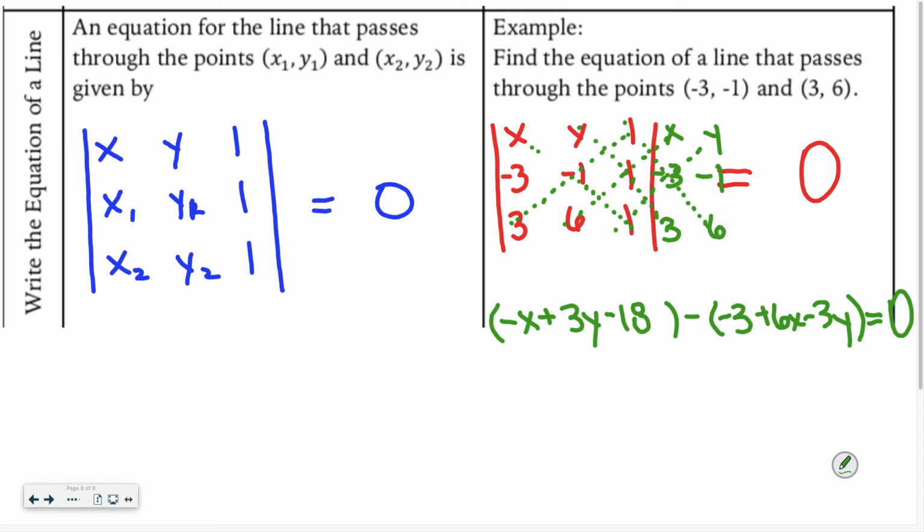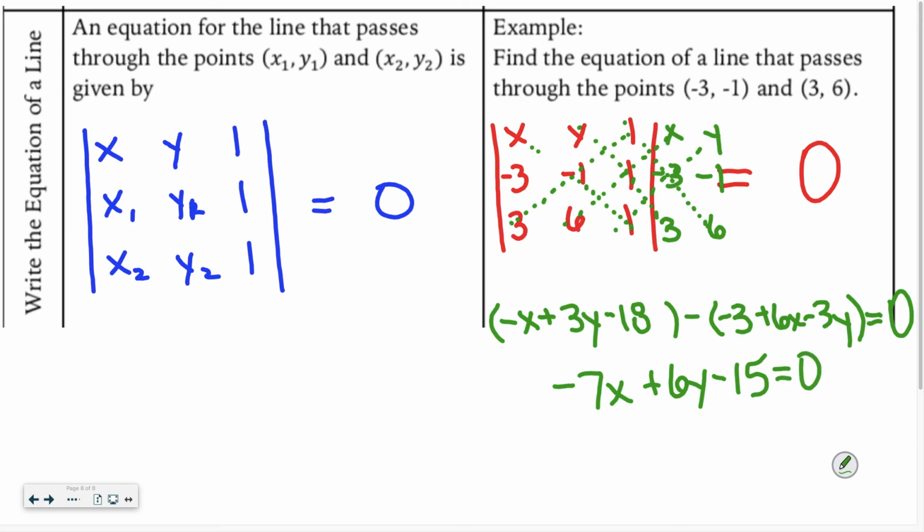Okay, so now we can combine like terms. We have -x minus 6x. We have 3y minus -3y. And then we have -18 minus -3, which is -15.